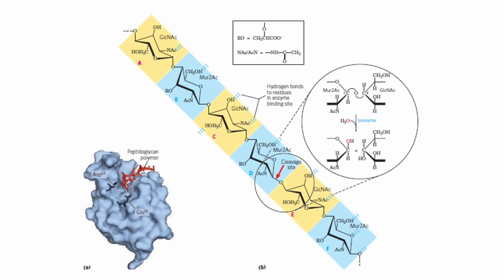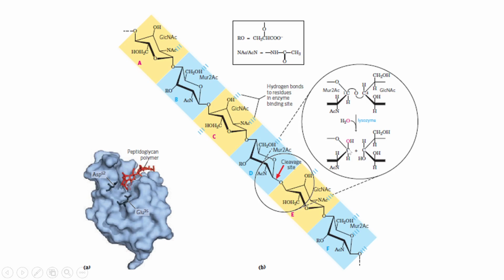Now how to decide whether it is alpha or beta? In case of a beta glycosidic bond, the OH groups will be opposite to each other in terms of their geometry. So if this OH is coming out of the plane, this will make a beta 1,4 linkage.